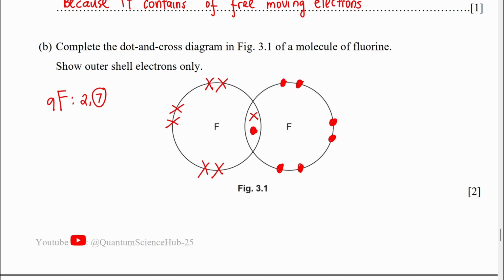So at the end, this fluorine will have 7 valence electrons plus 1, sharing together with another fluorine. So both fluorines at the end will have 8 valence electrons, the same thing with this fluorine in here. Or I can say this is a single covalent bond between fluorine and fluorine.